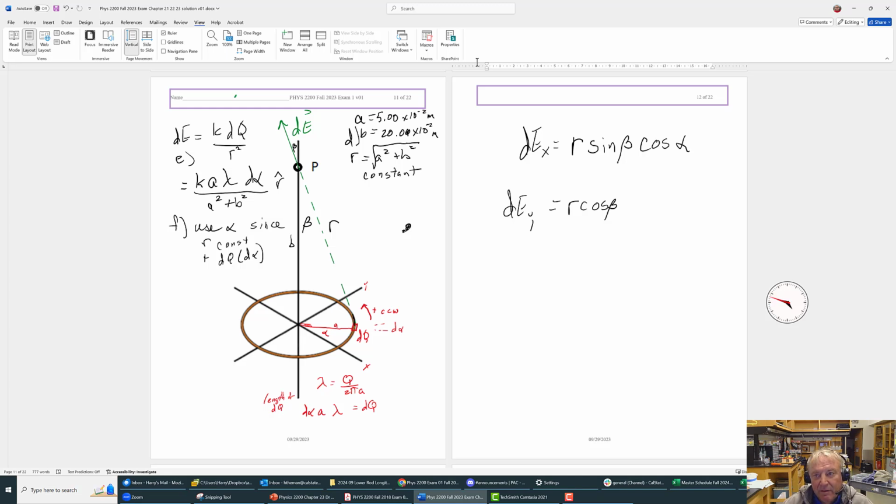Oh yeah, of course I forgot something. That's why I got confused. So now I can see it. The y component of this dE vector is cosine of beta. And then, of course, this is sine of alpha, because the y component will be a max at alpha equals 90.